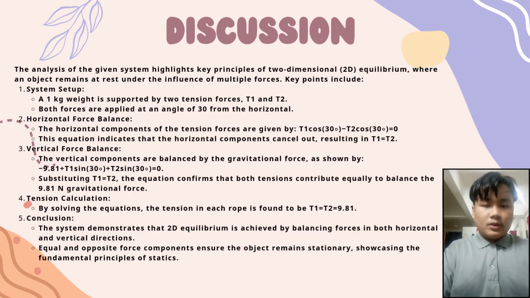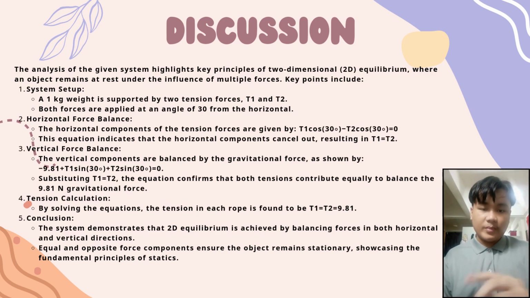For the system setup, as we refer to the FBD for example 1, we put the 1 kilogram mass in the middle of the tension cable, which is supported by two tension forces, T1 and T2, and both forces apply at an angle of 30 degrees from the X axis.